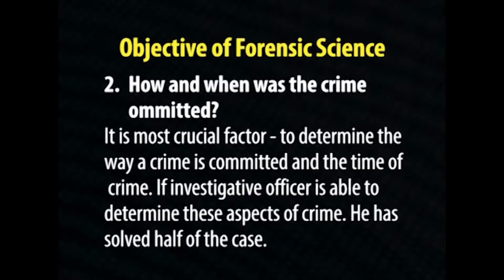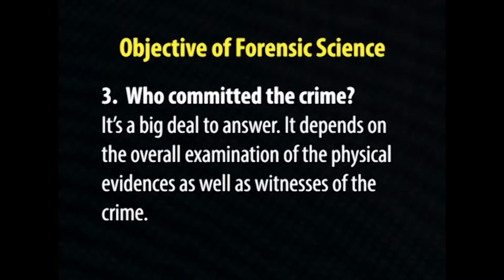How and when was the crime committed? It is the most crucial factor to determine the way a crime is committed and the time of crime. If the investigative officer is able to determine these aspects of crime, he has solved half of the case. Next is, who committed the crime?